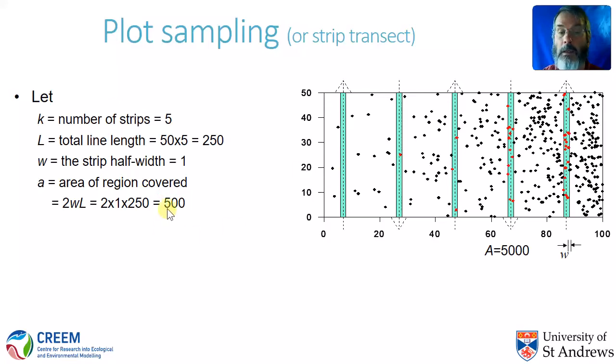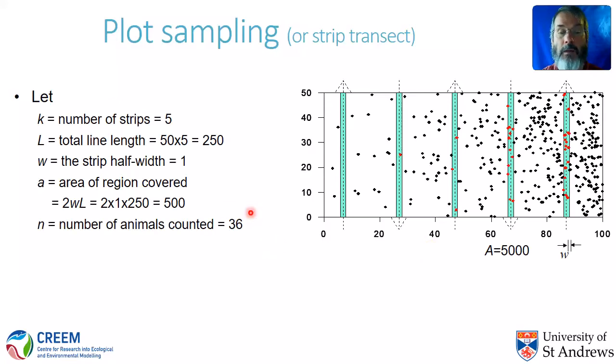In this case, the size of the area that we visit is 500, whereas the entire study area is of size 5,000. The field methodology is to traverse each of these 5 transects and count everything that we detect out to distance W. That's our field method.